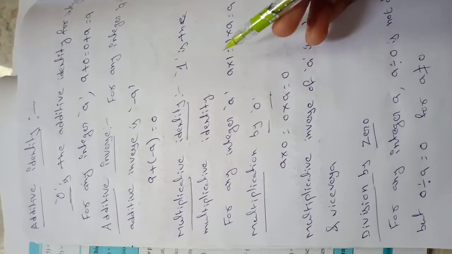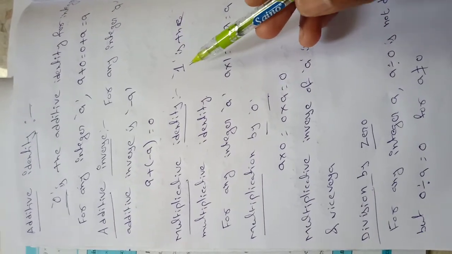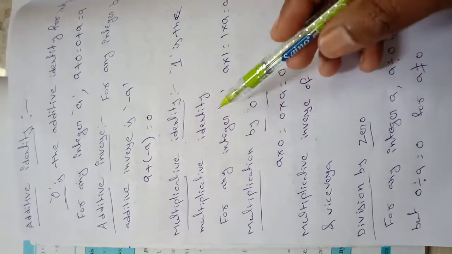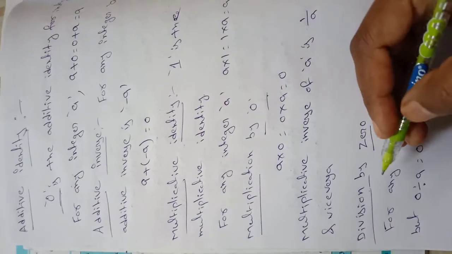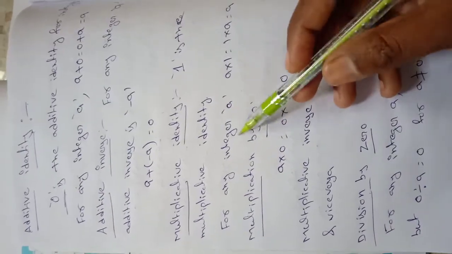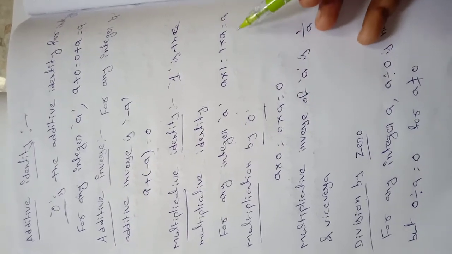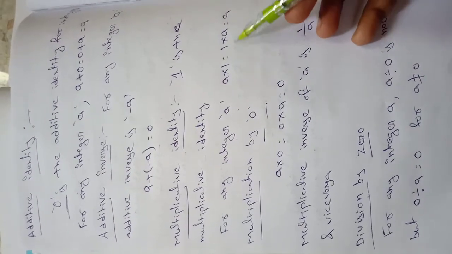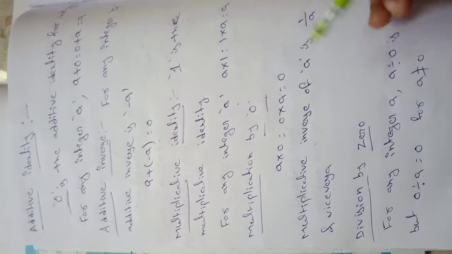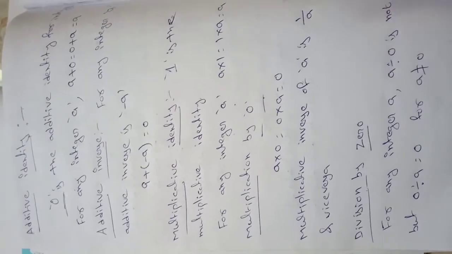And next one is the multiplicative identity. So what is the multiplicative identity? 1. 1 is the multiplicative identity. Why? Because for any integer a, a into 1 equals 1 into a equals a. So 1 multiplied with any number, we get that same number.